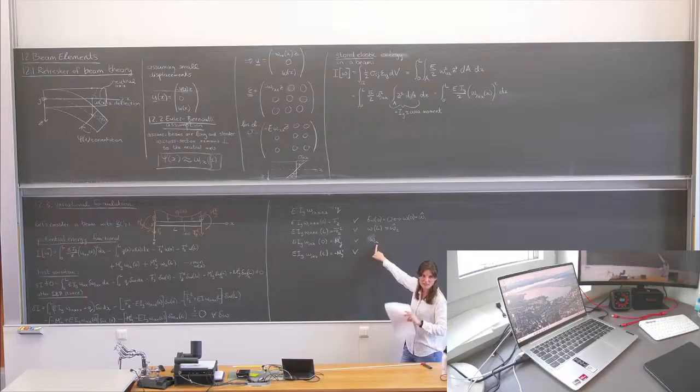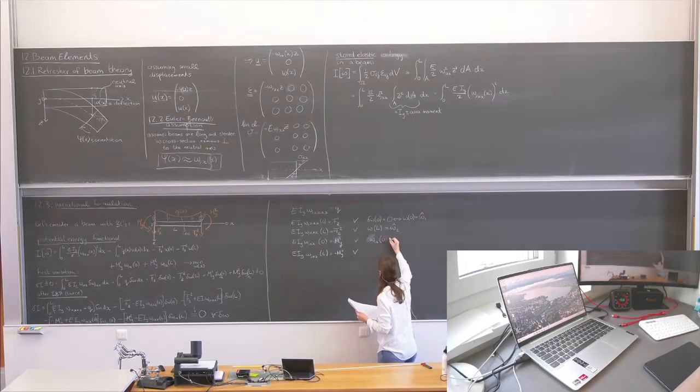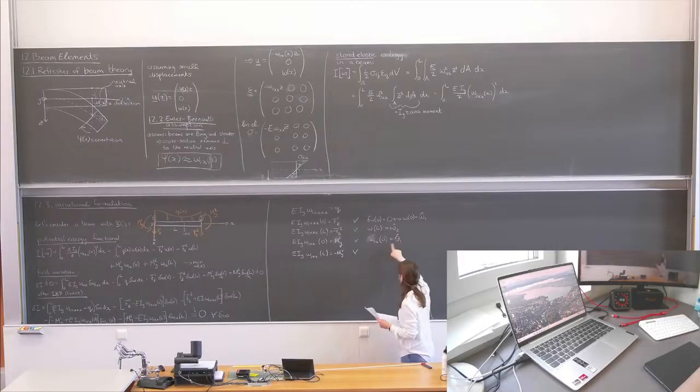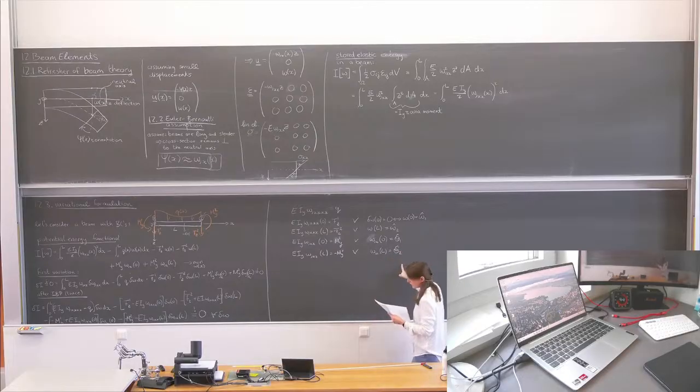And we did say w comma x was nothing else but our angle in our Euler-Bernoulli beam assumption, right? So we'll say w comma x at 0 would be nothing else but a rotation at this point, and w comma x at L will be a rotation at the other point.